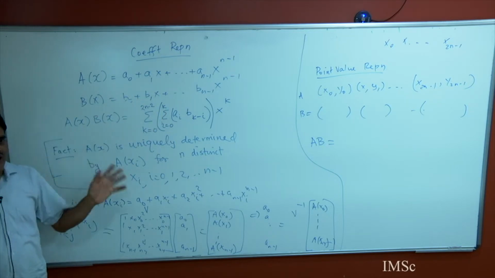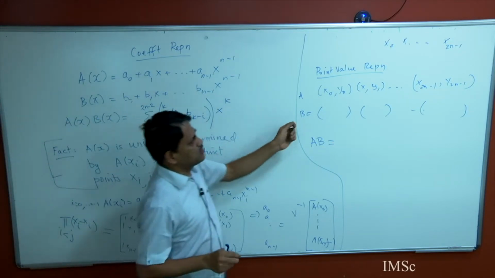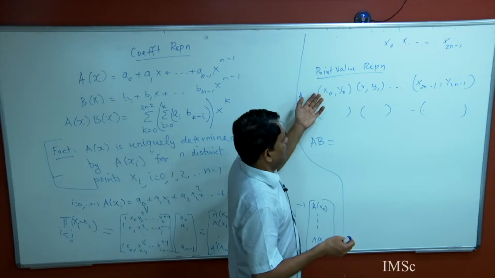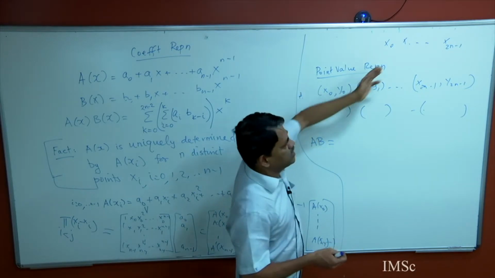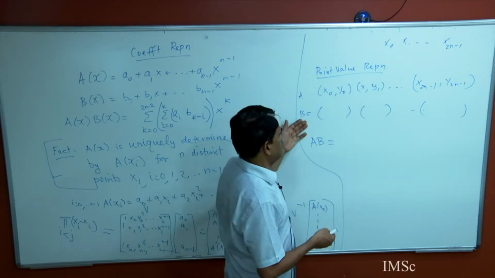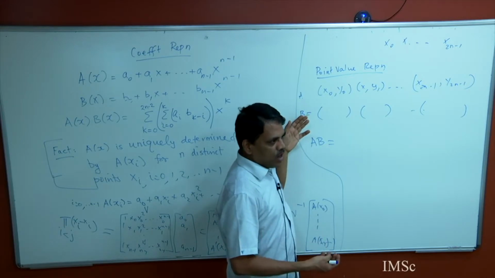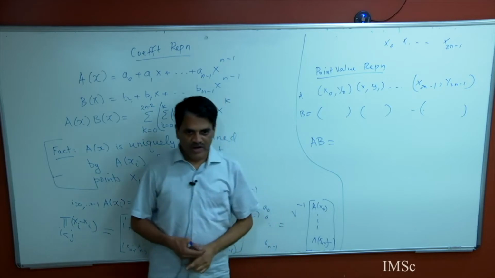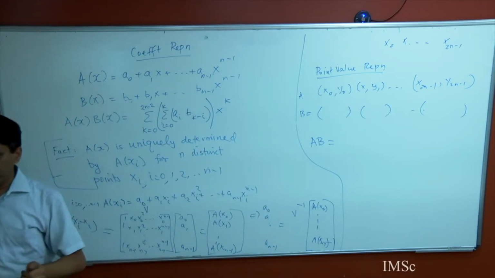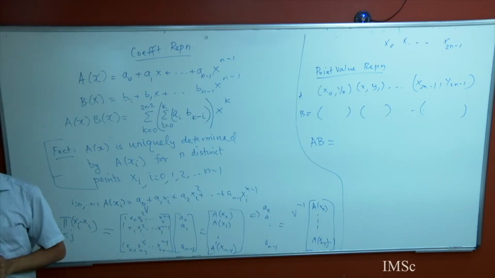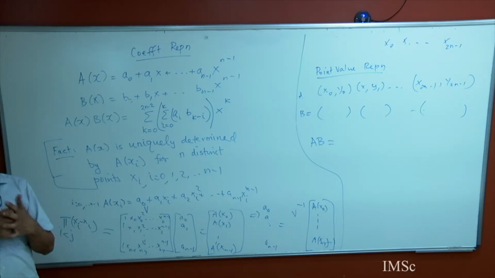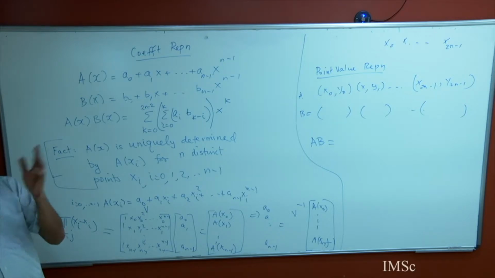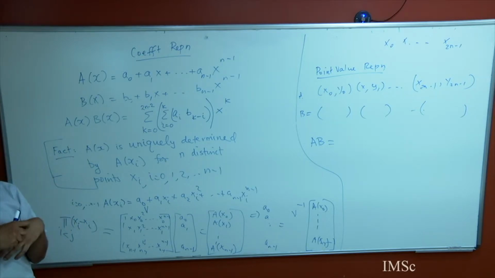But suppose I have this representation of the polynomial, which is simply that polynomial's value on these n different points, and I have another polynomial of degree n, and I've stored its value on n different points. Now I want to compute the product polynomial AB. What do I do? In this representation, I need to know its value on these n different points. How do I do that?